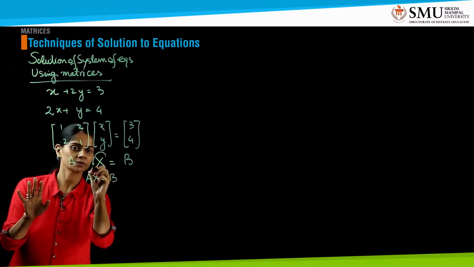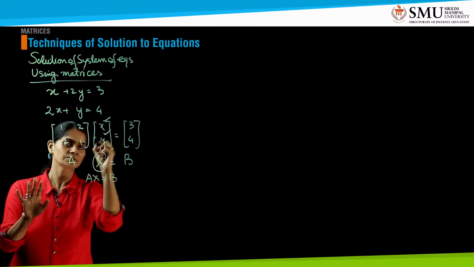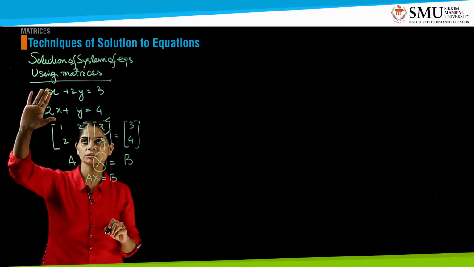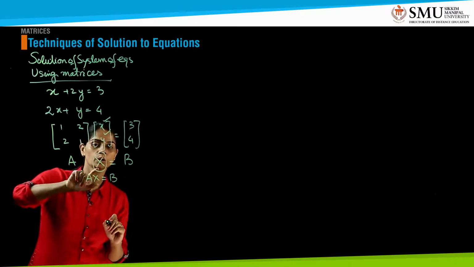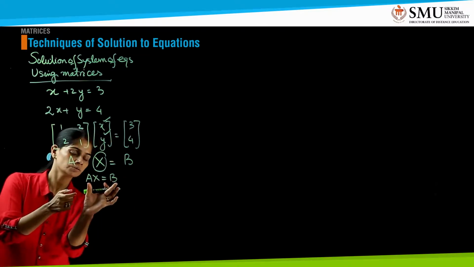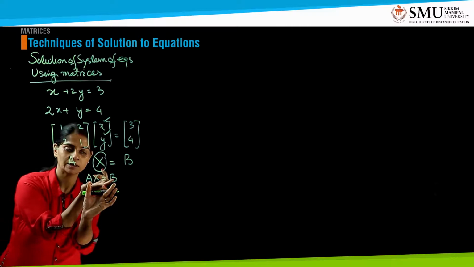Actually, we are interested in finding the values of x and y. Solving a system of equations in two unknowns means that we want to find the values of the unknowns. So, how are you going to find the value of x from this equation?